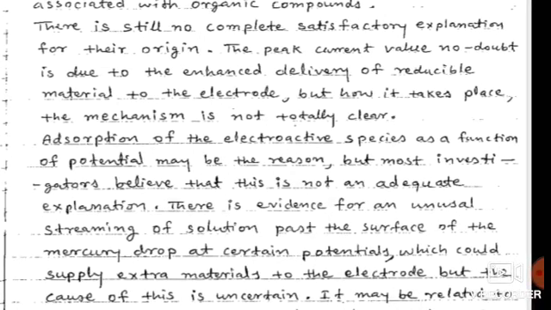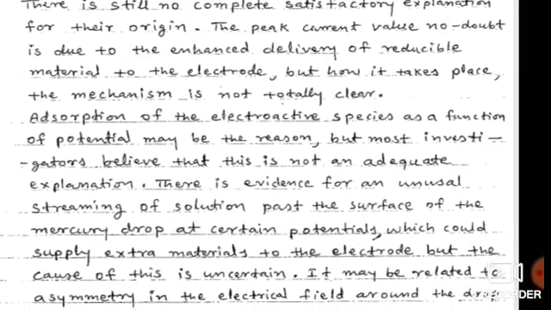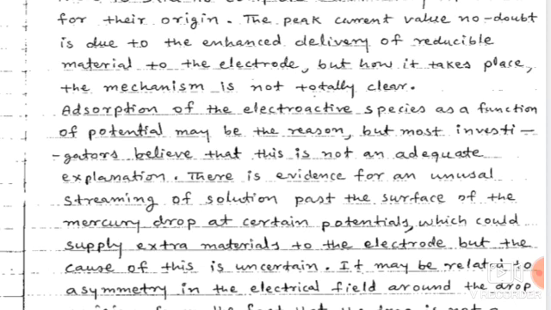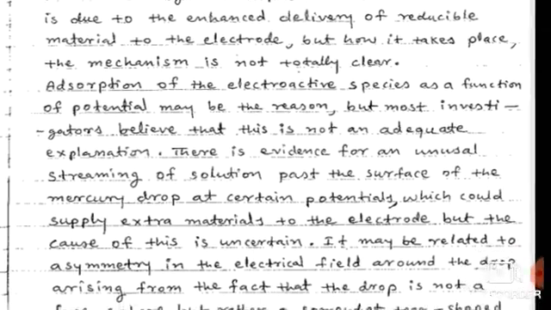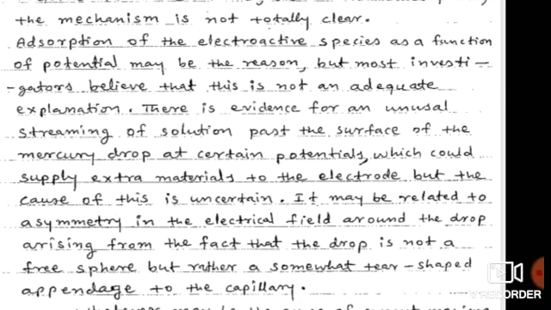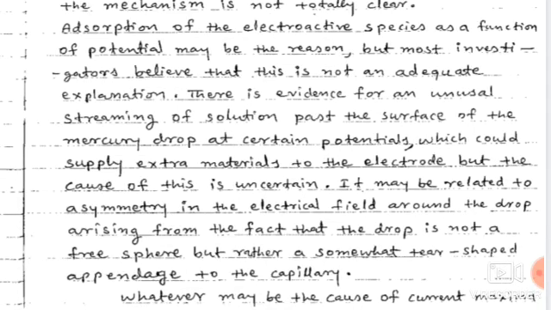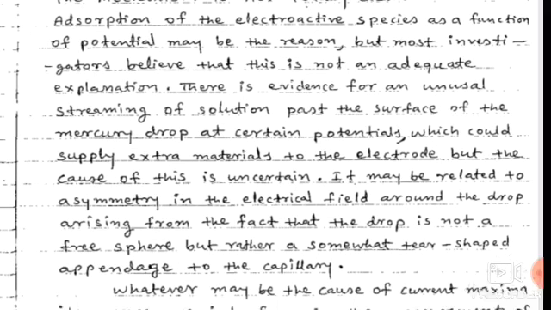The peak current value is no doubt due to the enhanced delivery of the reducible material to the electrode, but how it takes place, the mechanism is not totally clear. Adsorption of the electroactive species as a function of the potential may be a reason, but most investigators believe that this is not an adequate explanation.